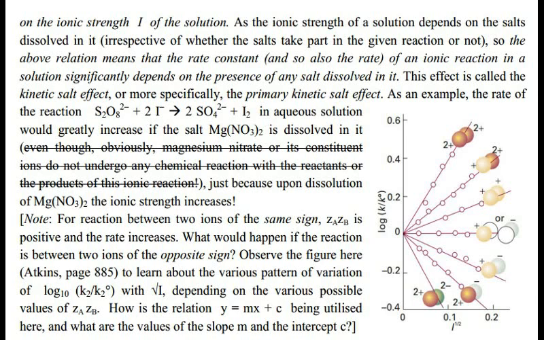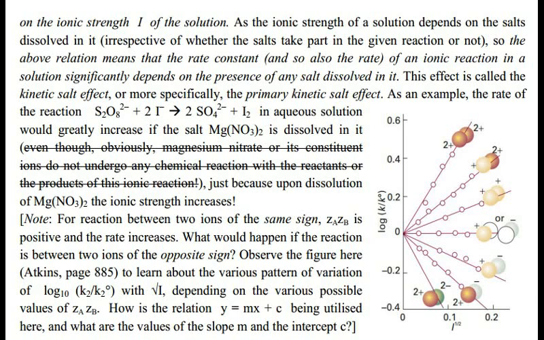sort of variation due to unreactive salts, the variation occurring just due to the presence of salts through the changing of the activity coefficients, where the rate constant differs directly because of the salt, is called the primary kinetic salt effect.